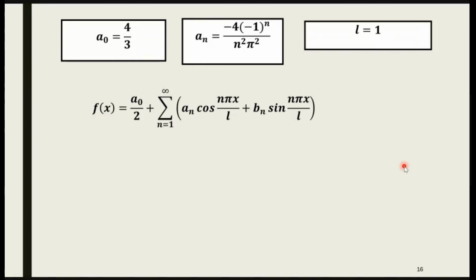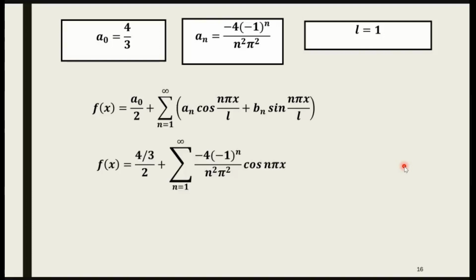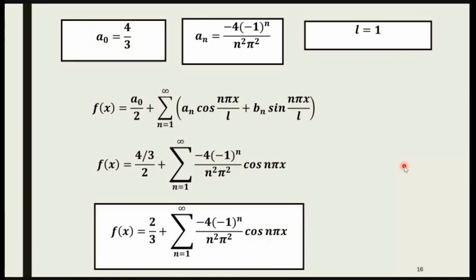Bn is equal to 0, L is equal to 1, AN is minus 4 minus 1 raised to n upon n square pi square. A0 is 4 by 3. Four by 3, that's why Samruddha has got 2 by 3 there. 4 by 3 upon 2. That is 2 by 3.